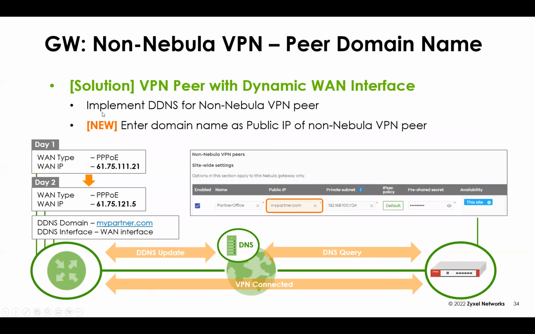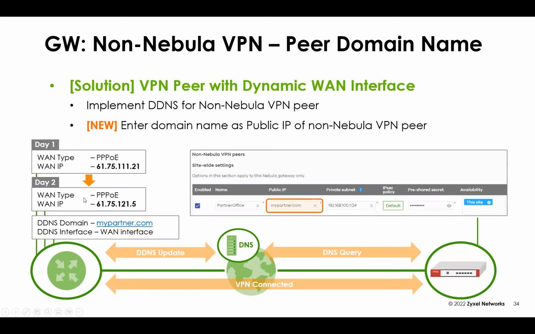So you'll see here the implementation of the DDNS for non-Nebula peers. We can then put in their DDNS address if they're using a DDNS or a specific host name. On the first day here we see that they have a PPPoE connection. Here's their address, 67.75.111.21.